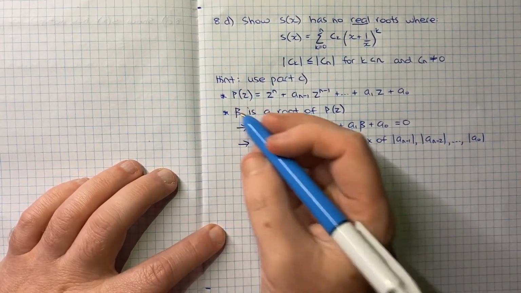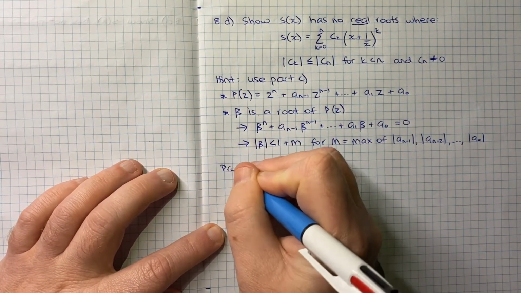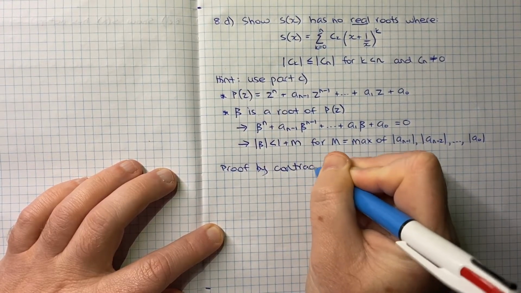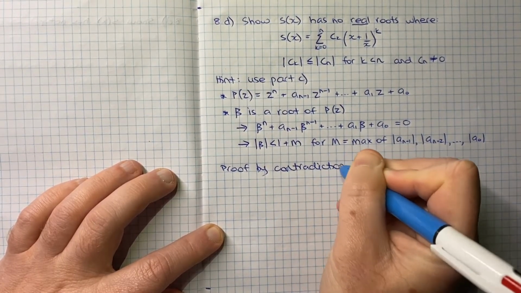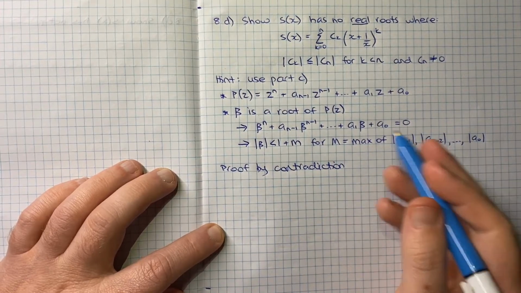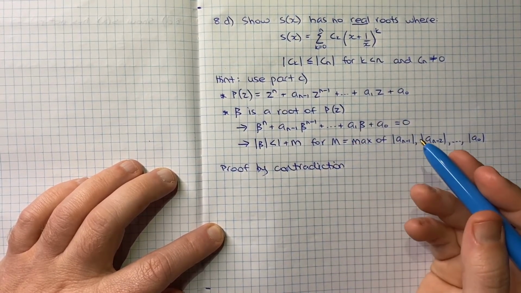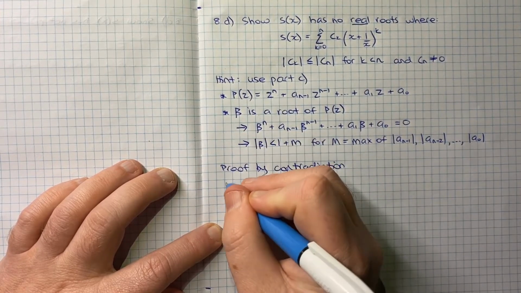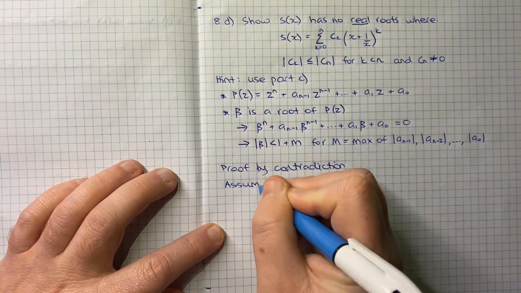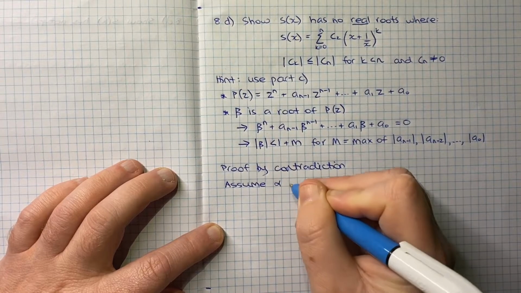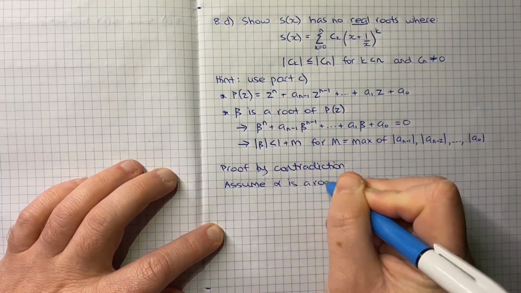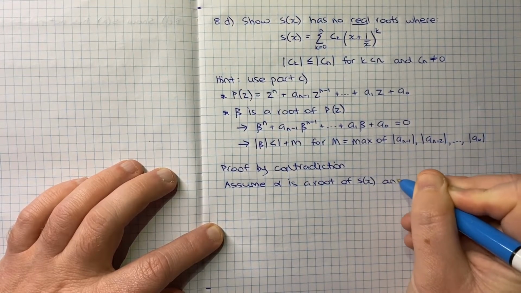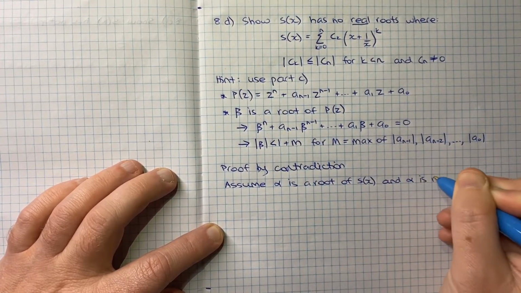So here we're going to use proof by contradiction, and the setup to all contradiction proofs is to assume the opposite of what you're trying to show. So here let's assume alpha is a root of S(x) and alpha is real.